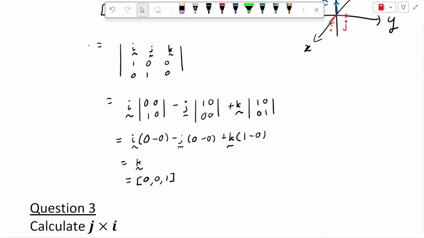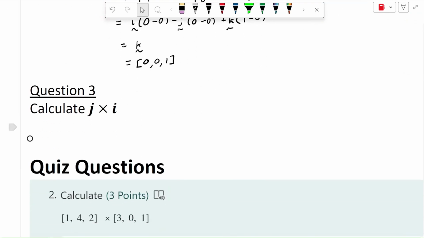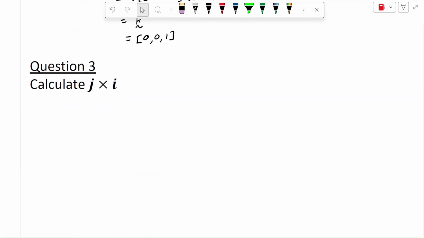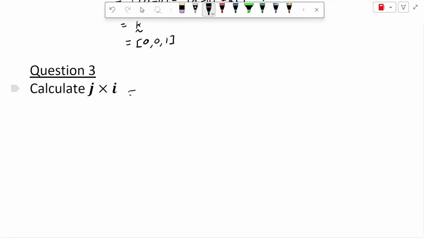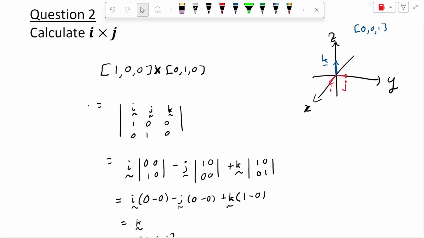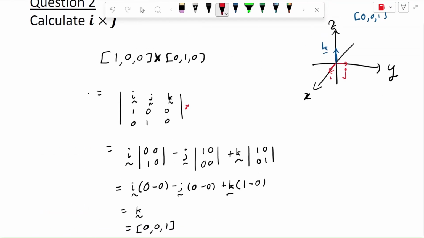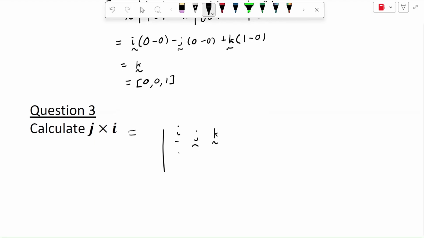What you're left with is essentially the vector k, which is 0, 0, 1, as we would expect. So yeah, it does find the vector perpendicular to both. I just want to warn you a little bit though. Let's calculate j times i, so let's do the cross product the other way around. So this is i, j, k. Last time I had 1, 0, 0 on the top and 0, 1, 0 on the bottom. I'm actually just going to swap the order now. We'll see what happens.